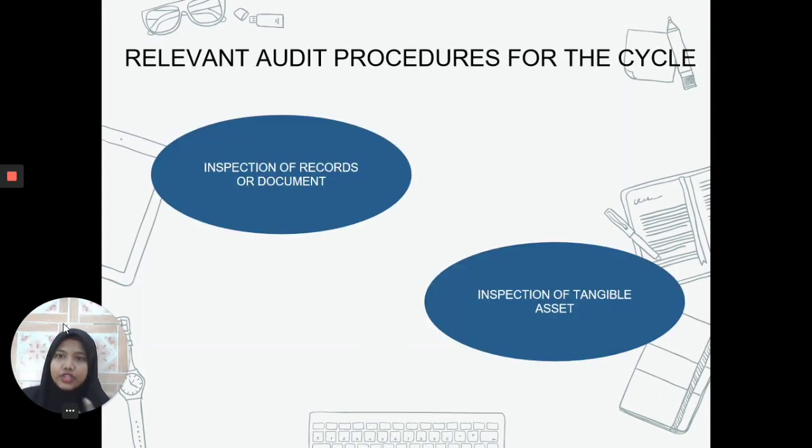Okay, next, the relevant audit procedures for the cycle. First is inspection of records or documents for the Dado Enterprise. Inspection of records or documents consists of examining internal or external records or documents that are in paper form, electronic form, or any media.